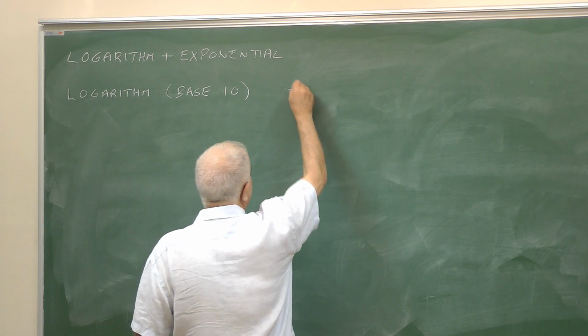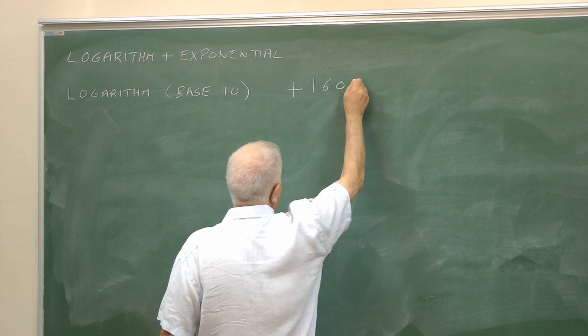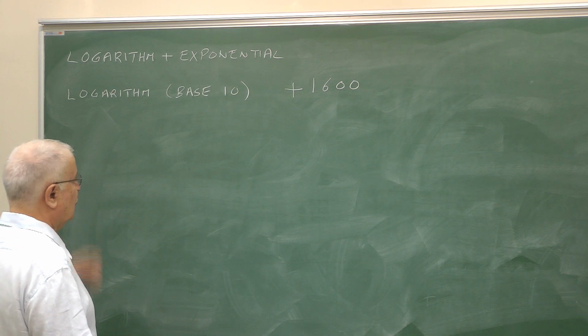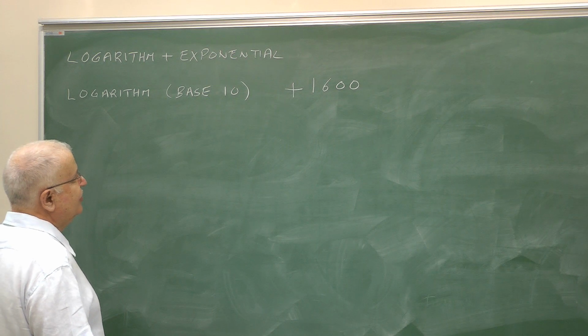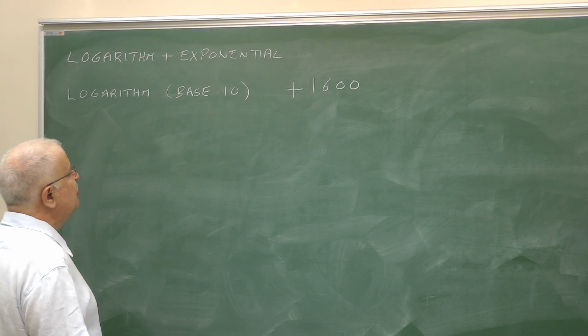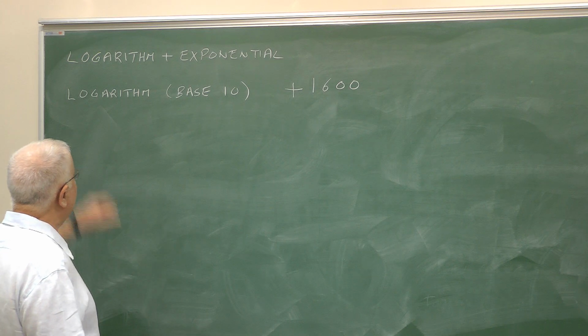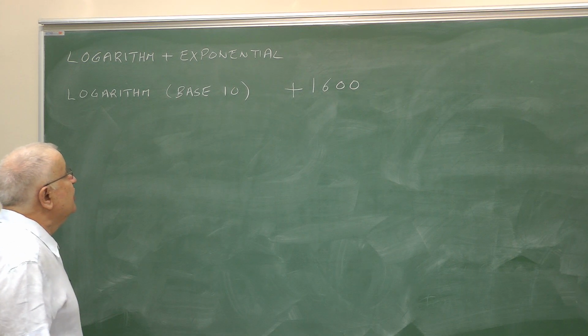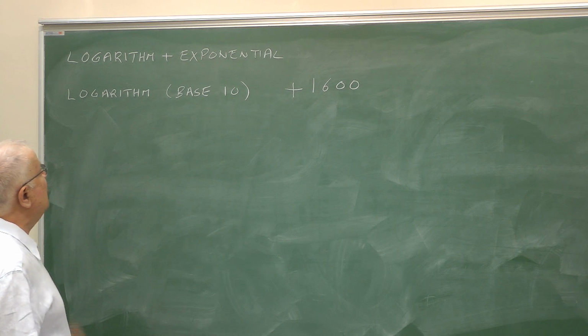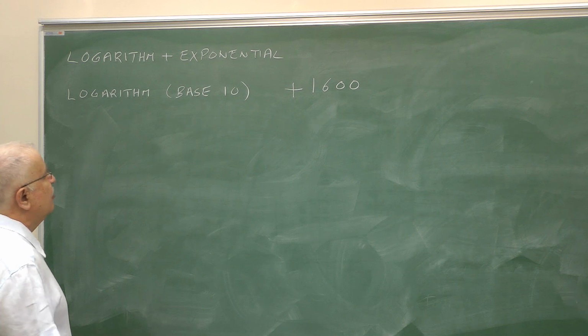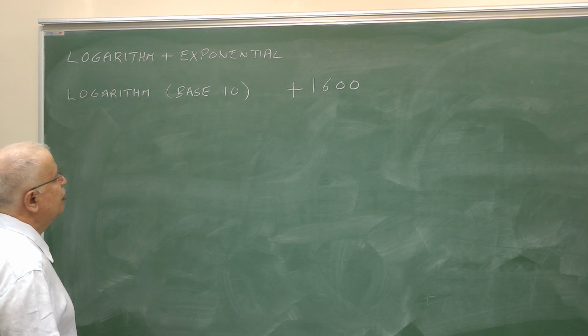In fact, it is plus 1600. So there is more than 3 millennia between the proto-trigonometric functions and the logarithm function. These base 10 logarithms were just for practical calculational purposes.